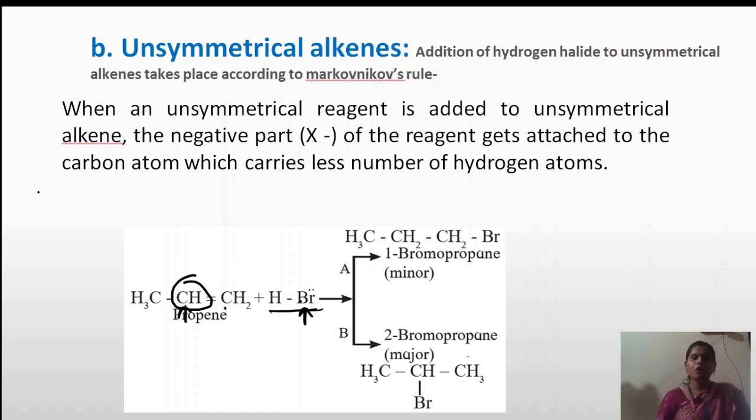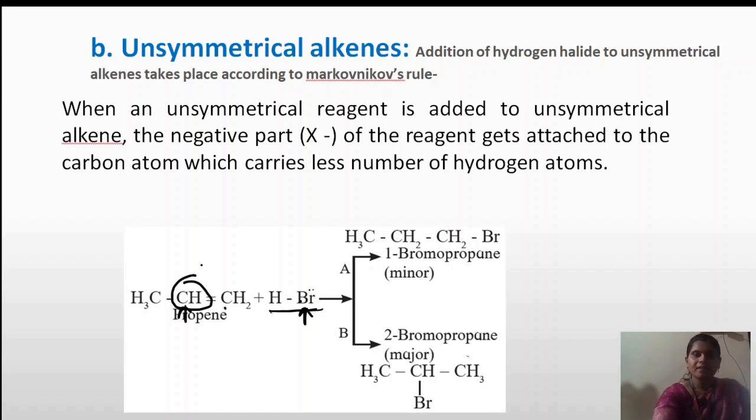So this is the Markovnikov rule. Markovnikov rule says that when an unsymmetrical reagent is added to unsymmetrical alkene, the negative part gets attached to that carbon which carries less number of hydrogen atoms. So you have to remember that about the unsymmetrical alkene.